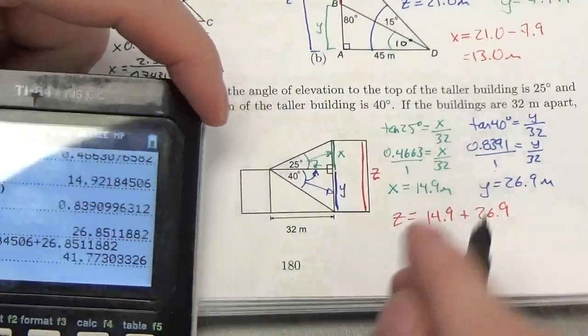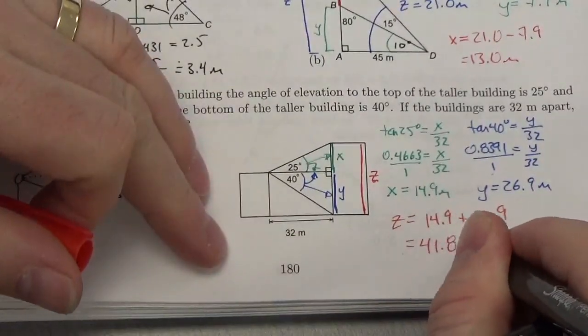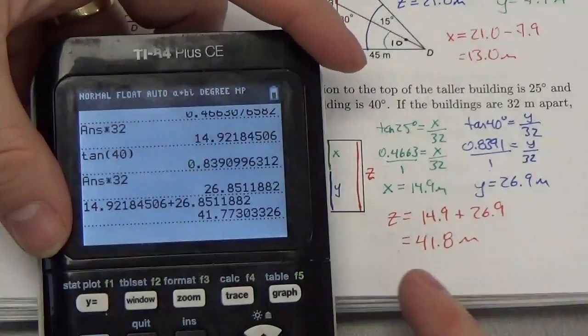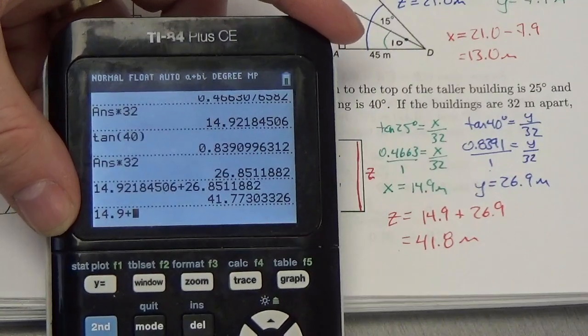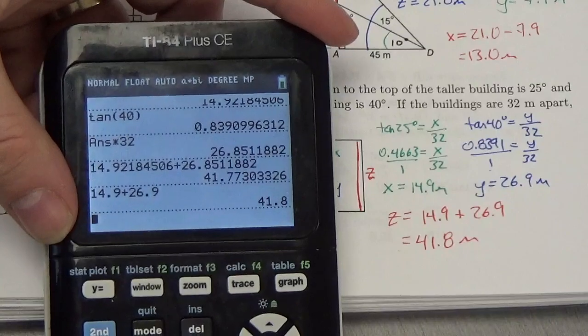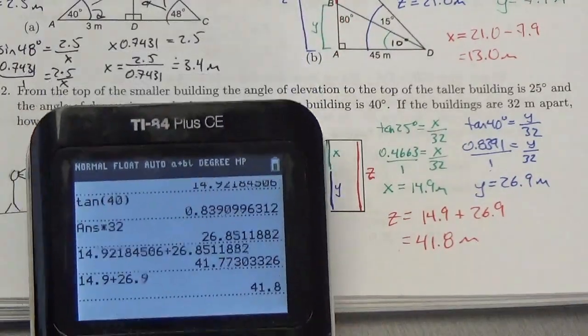And here I'm going to get 41.8 meters. Now, just out of curiosity's sake, let's take a quick look here. If I had gone and used 14.9 plus 26.9, look at that, I get 41.8. So sometimes it does work to use those smaller numbers. Sometimes it puts you a little bit off there.